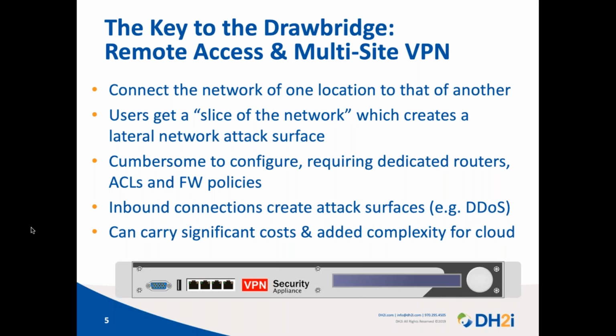It can be very challenging to manage as well, so it carries its own set of complexities, and it has an added cost. It can be very expensive because these vendors will charge you an hourly fee to have this VPN connection in place. Every hour that it's up, you're being charged and billed for that. So just additional costs and complexities associated with a VPN.